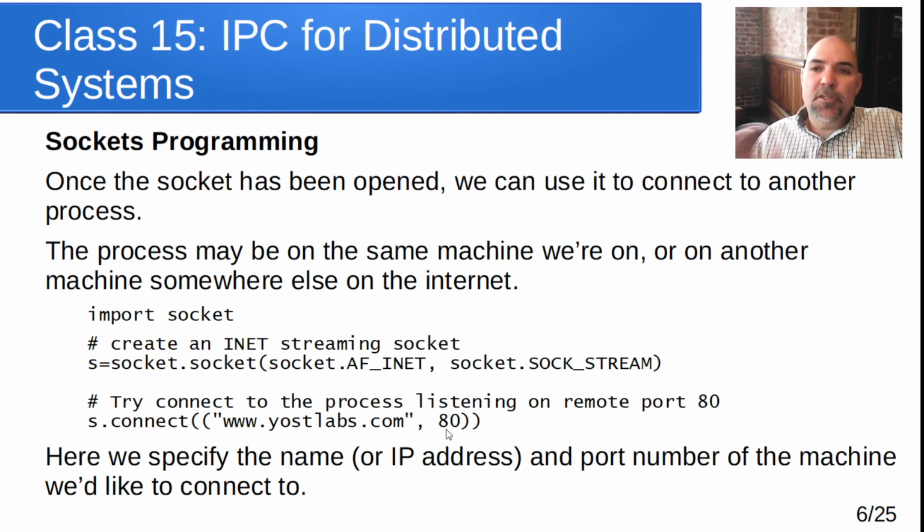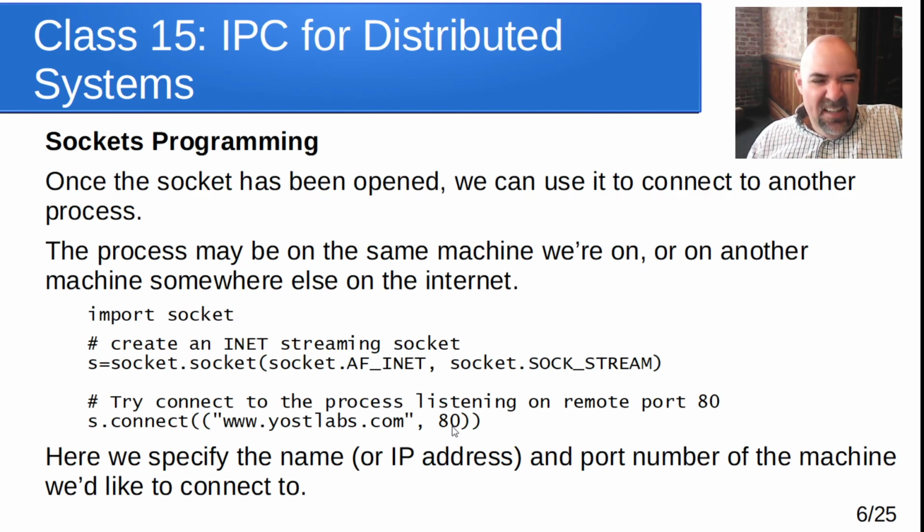That means one machine can have multiple programs running using different ports. So the port number is a way to sort out which program we're talking to on the other end. HTTP is usually on port 80. HTTPS, the secure version, is on a different port. There are different ports for different uses.